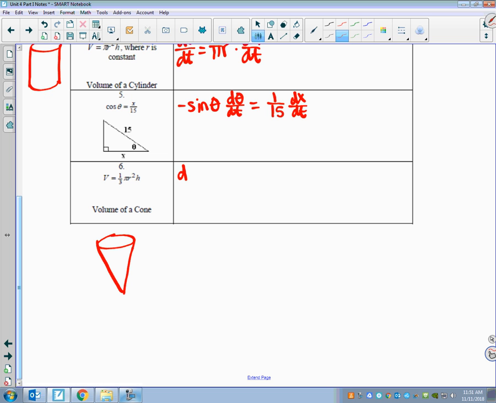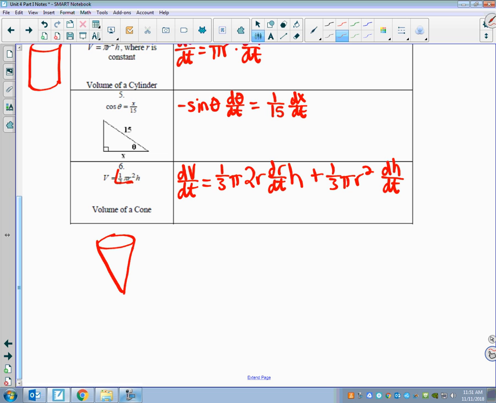So this would be dV over dt equals 1/3 times pi r squared. So r squared is my first one. So I'm going to do 1/3 pi, r squared would be 2r dr over dt, leave the h alone, plus I'm going to leave all this alone, so 1/3 pi r squared, and the derivative of h is just 1, but I have to do dh over dt.